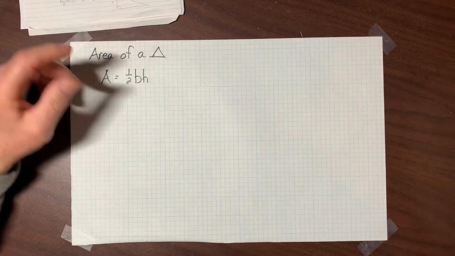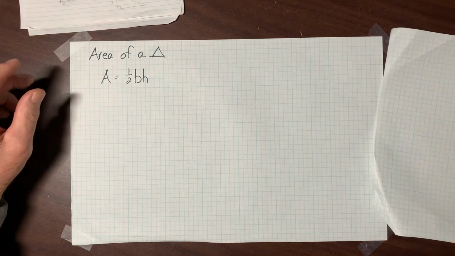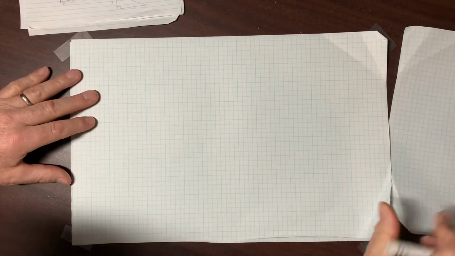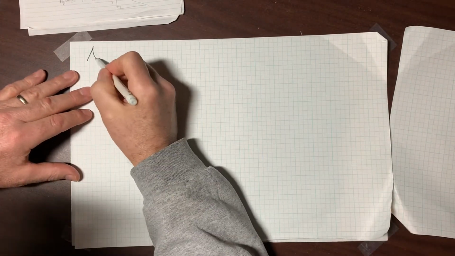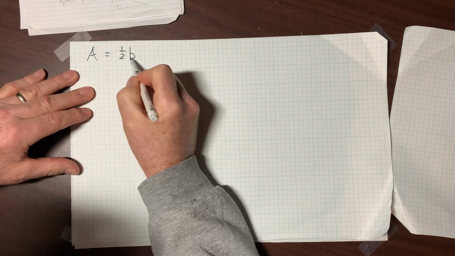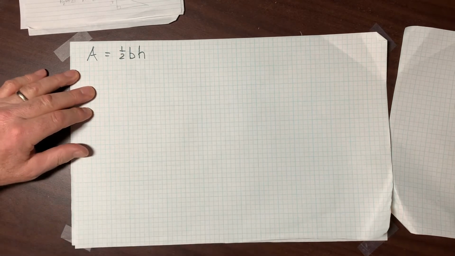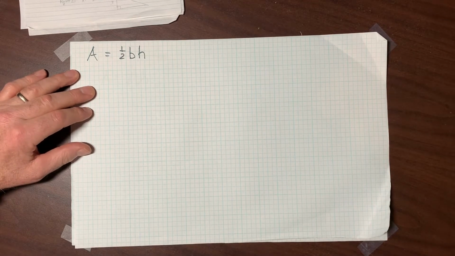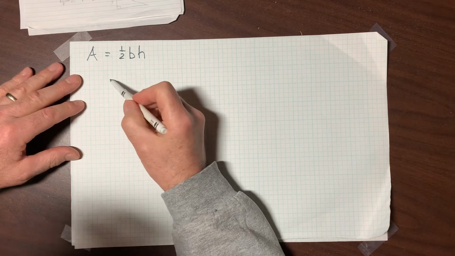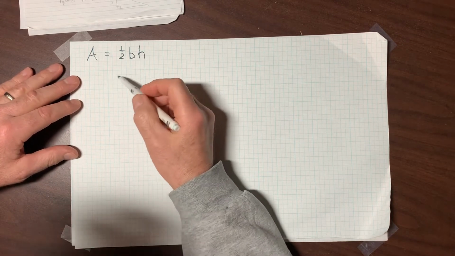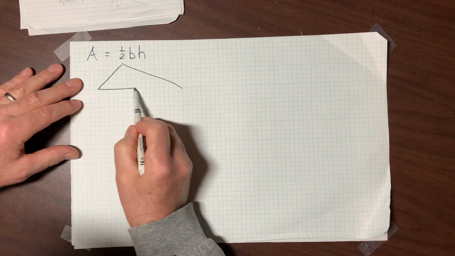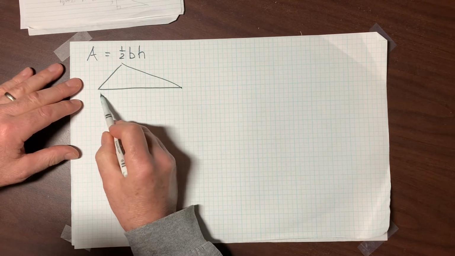I'm going to redo this on another sheet of paper. Hold on, apologize. Area of a triangle: 1/2 times base times height. So if you have just an average run-of-the-mill everyday triangle sitting around, this would be your base.